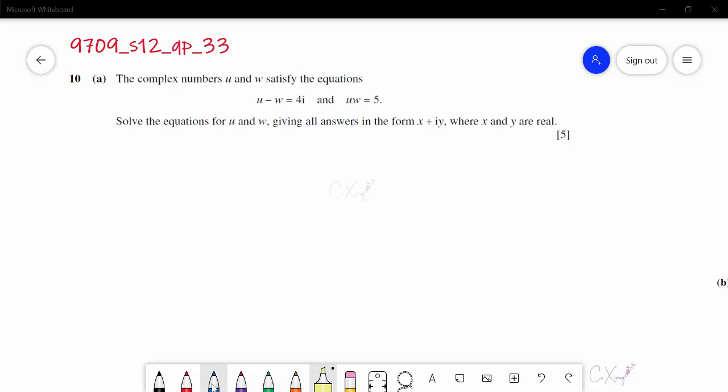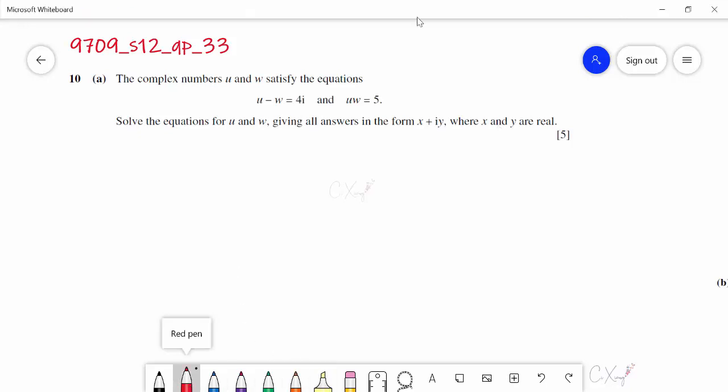Okay, so for this question, very simple. What we do is we try to solve simultaneous equations. So when we have U minus W plus 4i equals 4i, I can let U equal 4i plus W. And this is my first equation. UW equals 5.